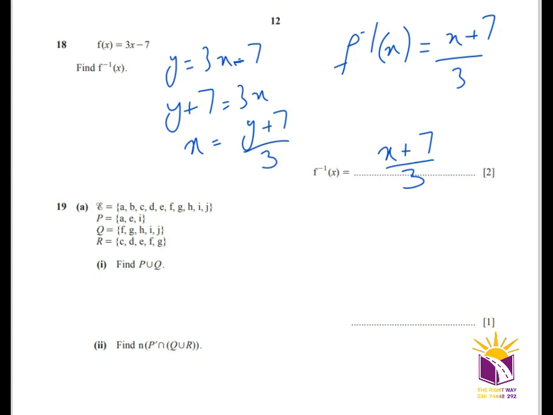First of all, write y in the place of f of x. Then make x the subject. After that, write f inverse of x in the place of x and x in the place of y. You will get f inverse of x, which will be equal to x plus 7 over 3.